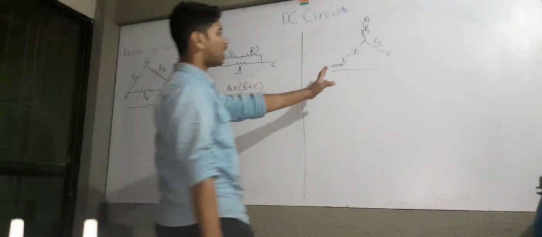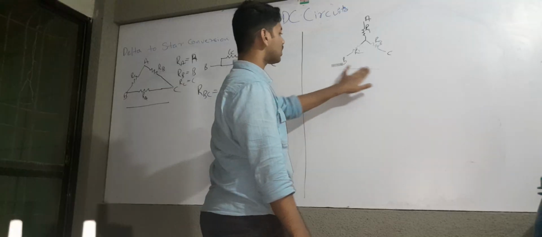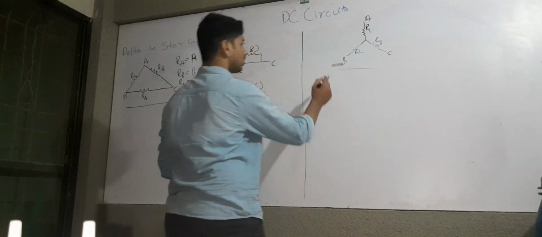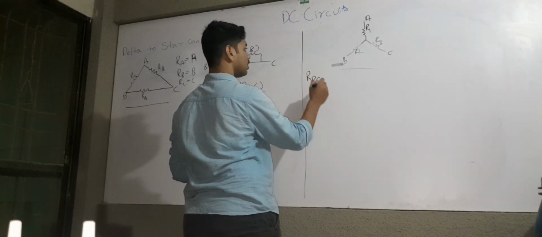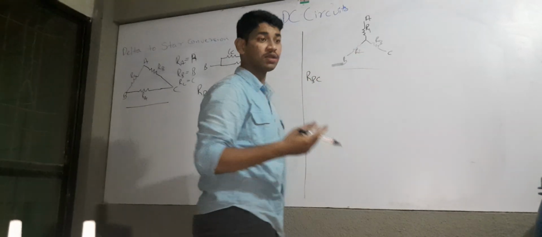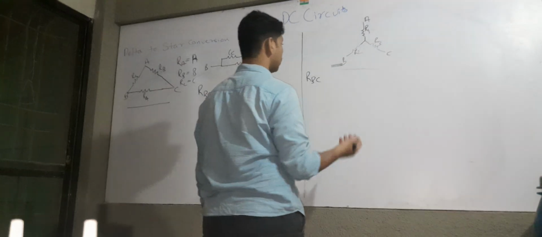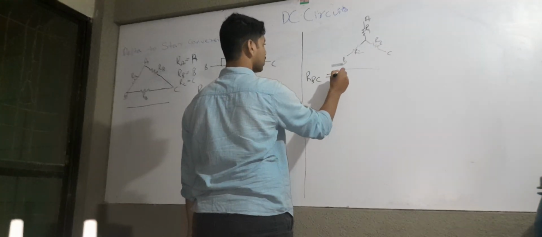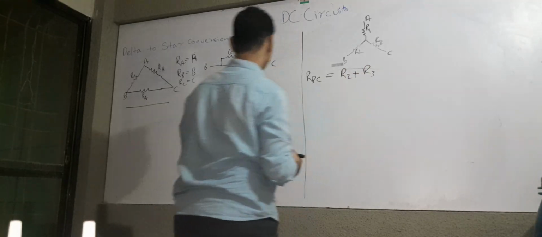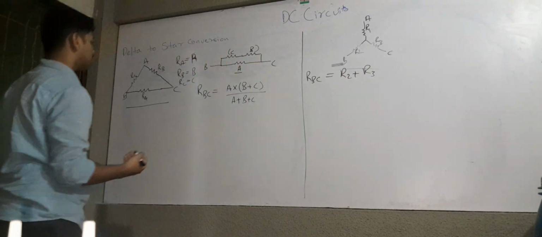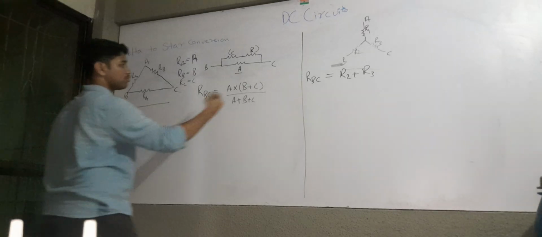Now on the other hand, if we look at this one, the active resistance between these two points would be simply R2 plus R3. Now we equate these two since they both are equal.